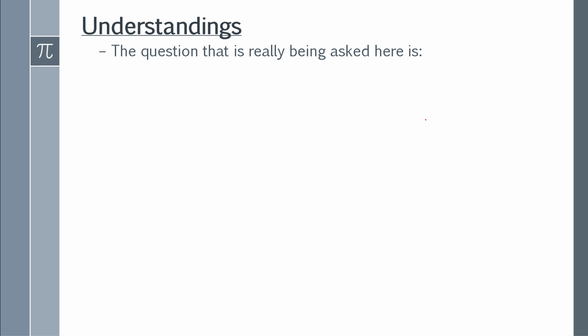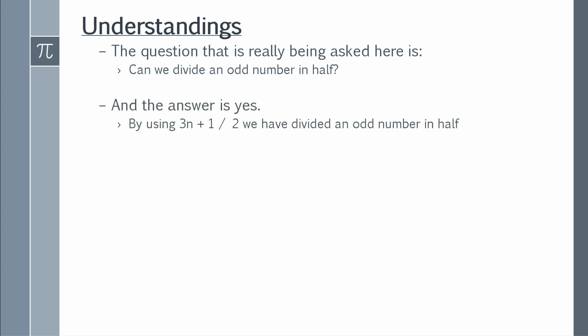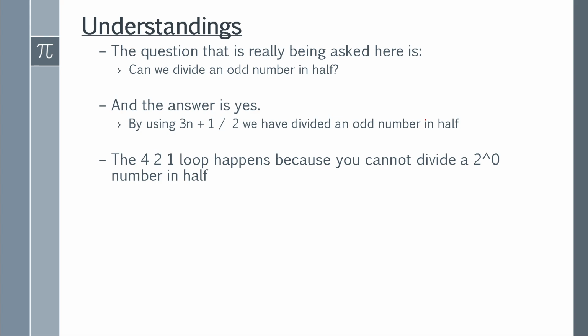I like to say it this way: the question that's being asked here is, can you divide an odd number in half? And the answer is yes. By using 3n plus 1 divided by 2, you have divided the number in half. That's why you have a 4 to 1 loop, because you can't divide 2 to the power of 1 in half.